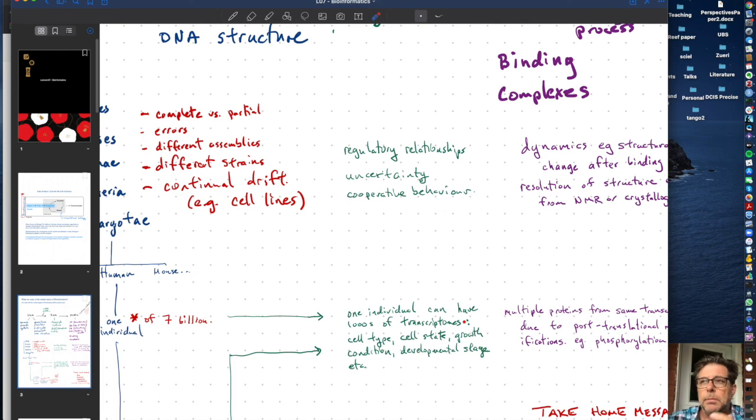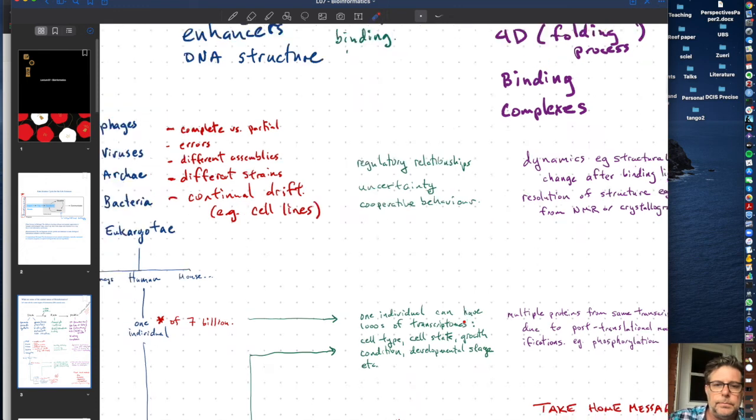There's uncountably many. All that has to be tracked somehow. And the experimental procedures, what kind of cells, in what state, and what environmental or chemical perturbagens were present, all has to be recorded in intelligent ways.